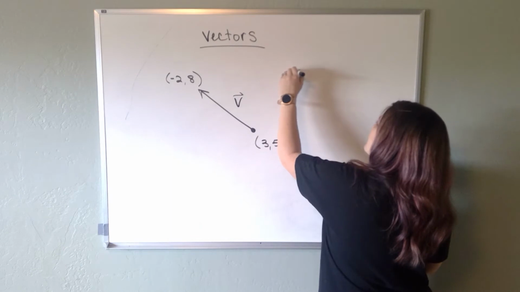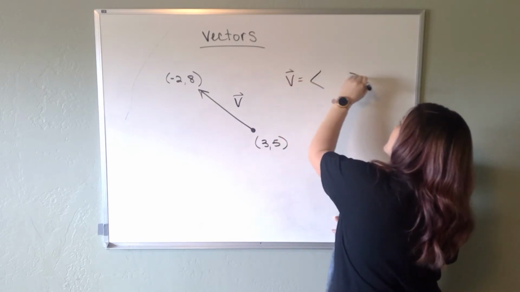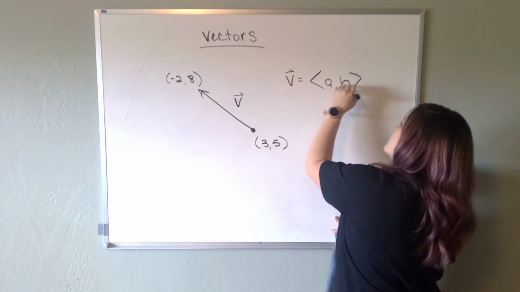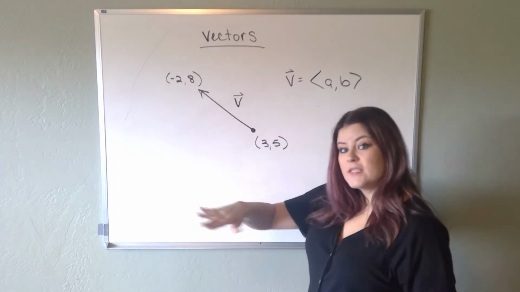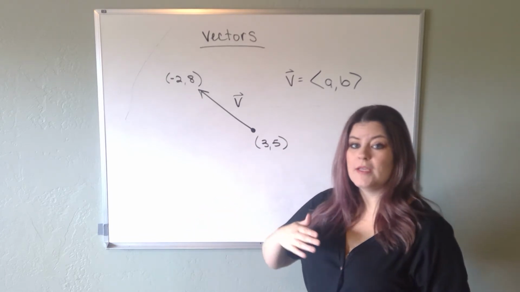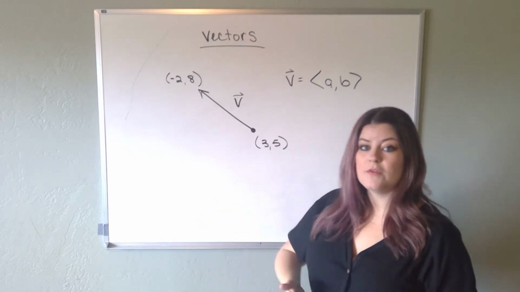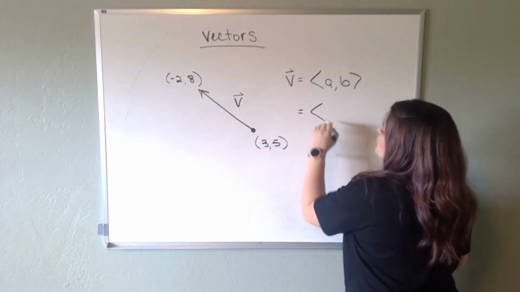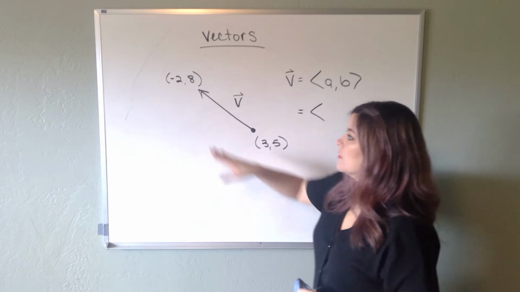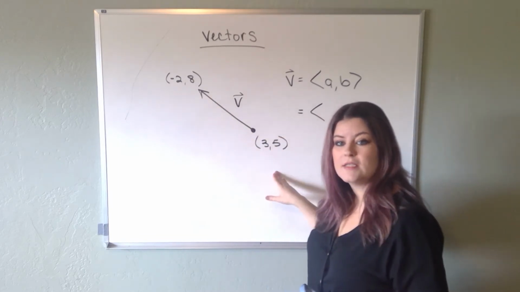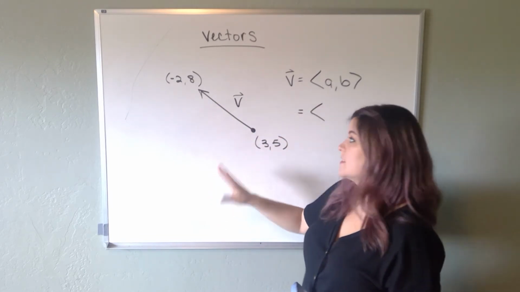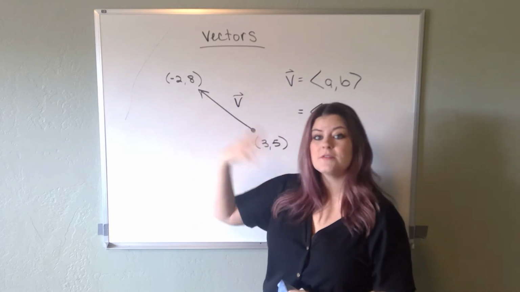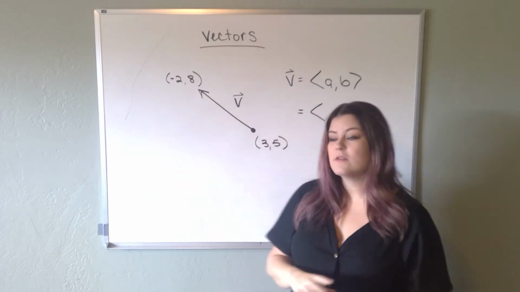So V equals some pair of A, B components, A being the difference in x values, or the horizontal component, and B being the vertical, or the difference in y's. So for A, always terminal minus initial. I know it was easy to see in the first example, but I've got this one a little backwards. So start with your terminal minus your initial.